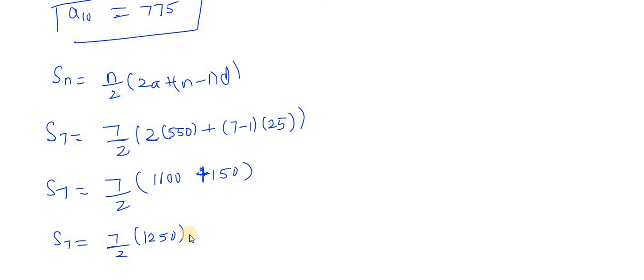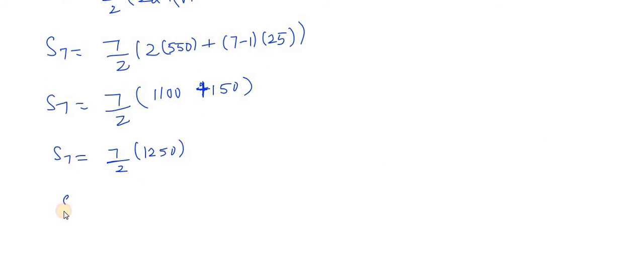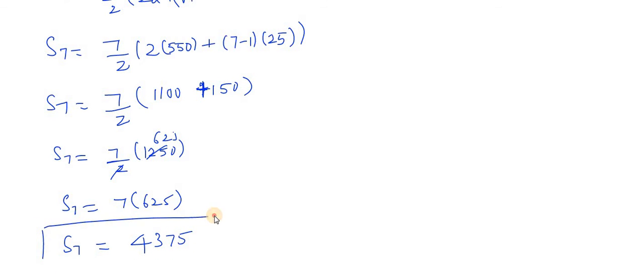So just divide by 2, what you'll get, S7 is equal to 625 into 7. So therefore S7 is equal to 4375. So totally they produced in 7 years 4375 televisions. I hope all of you understood.